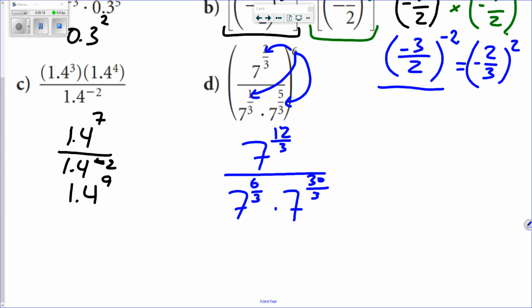Now, all of those exponents can be simplified, right? So we get 7 to the 4th over 7 squared times 7 to the 10th. Now we can simplify the denominator. Right, we're multiplying, so we're going to add those exponents.